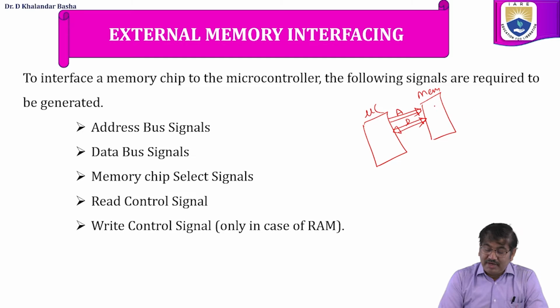Apart from that, for enabling the chip, we take the chip select lines. Next, a read and write control. If it is ROM, we have only read permission. If it is RAM, we have both read and write access. However, the chip select will be enabled by means of the address lines only.